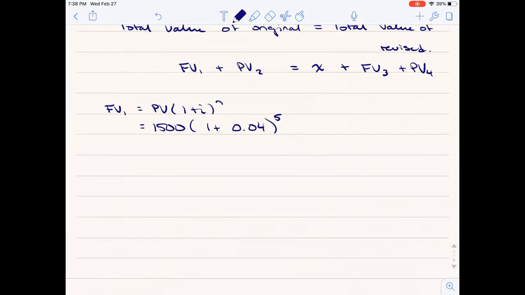So we have to solve inside the brackets, right? So 1.04 to the power of 5, and then multiply it by 1,500. So we get 1.04 to the power of 5 times 1,500.